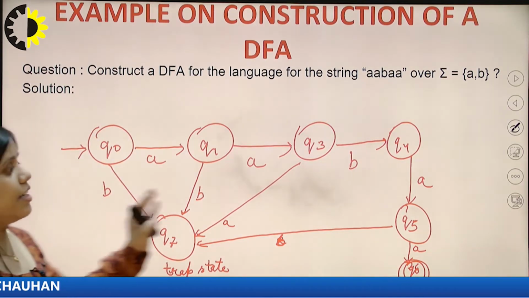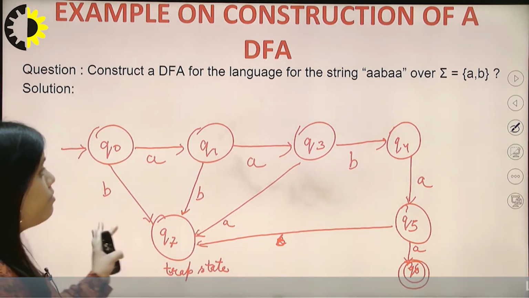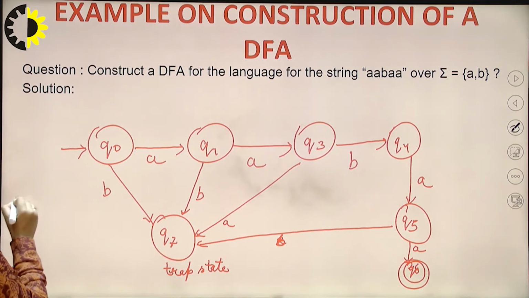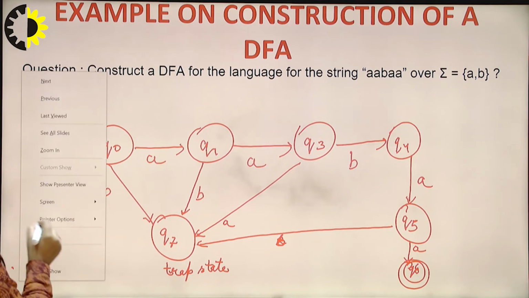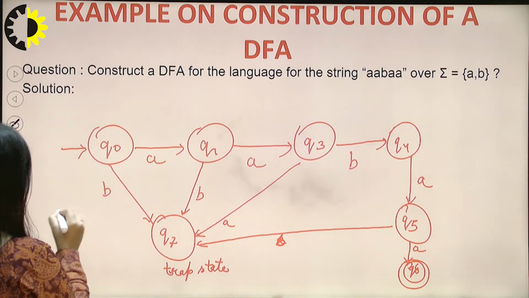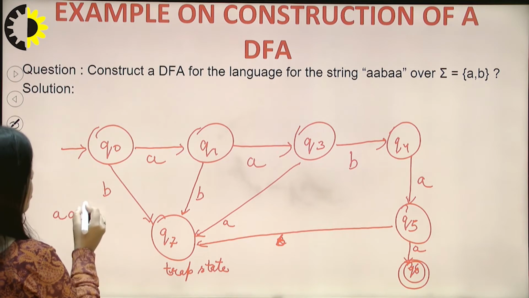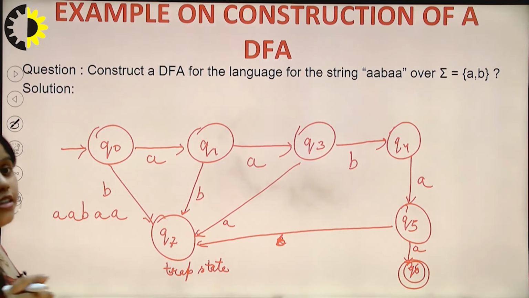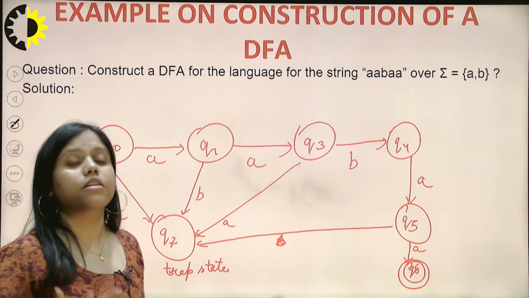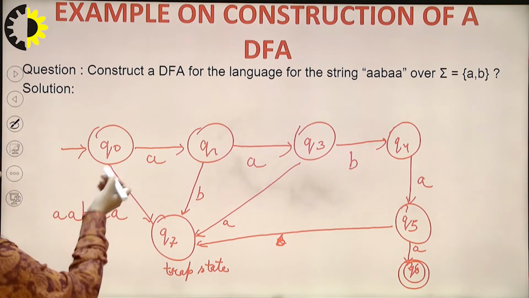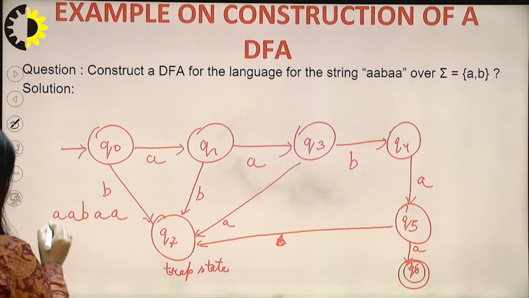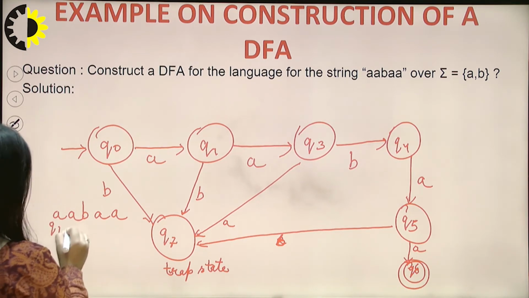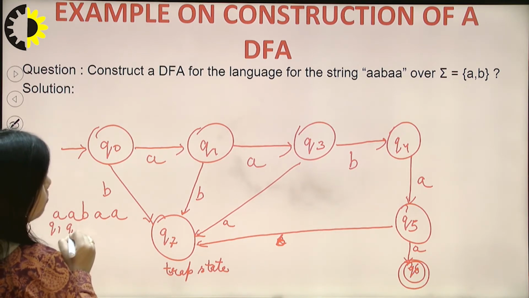Now let's try to pass the same string AABAA. This is a very little trick to check whether the string can be passed or not. Q0 takes input A and gets Q1. Q1, when it takes input A, goes to Q3.